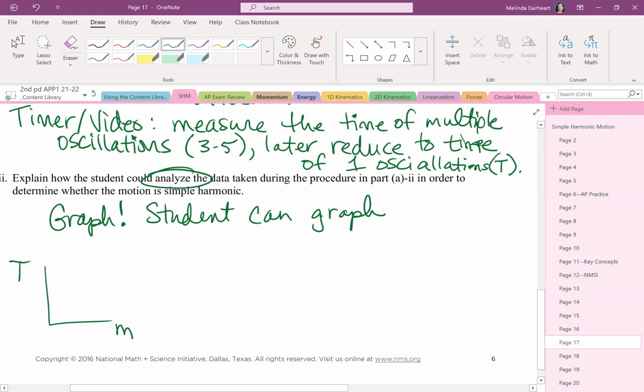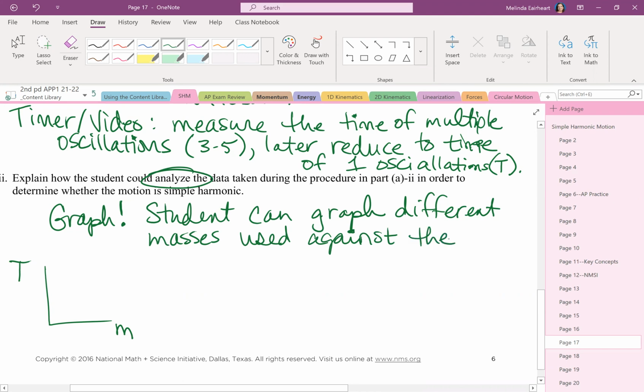And so we can graph the different masses used against, against sounds so harsh, against the period data.